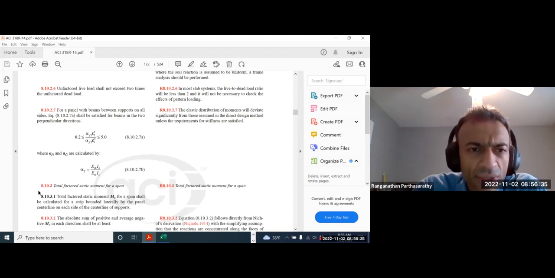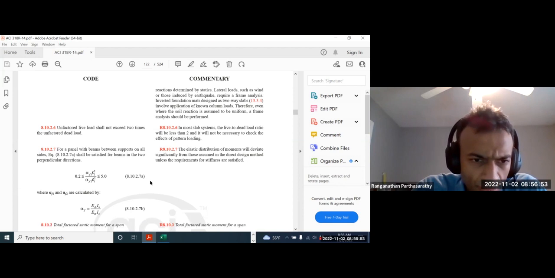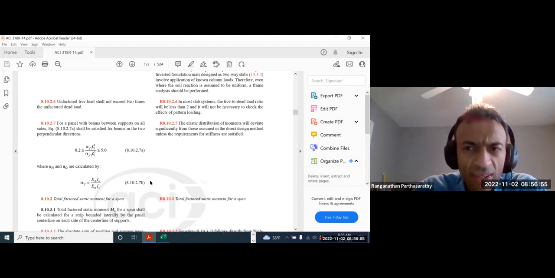As you can see, one of the criteria for applying the direct design method is that this is for a panel with beam supports between all directions. Okay, this I will confirm.